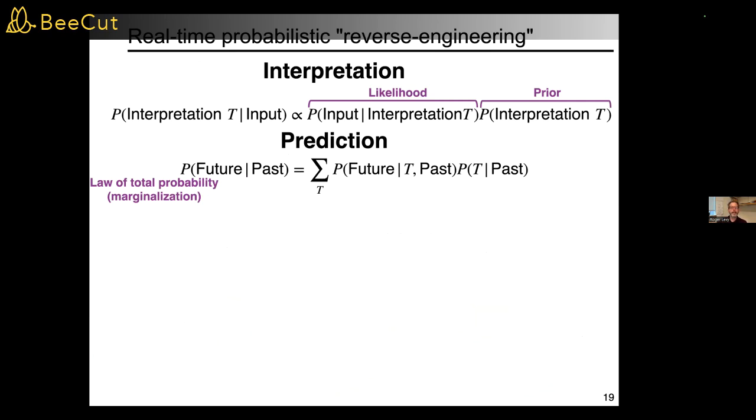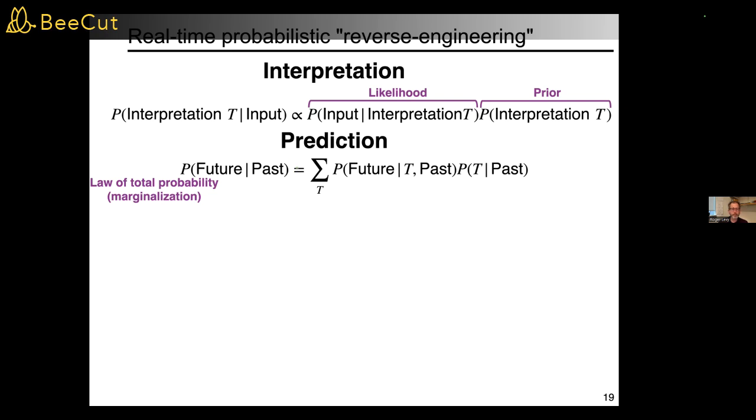One is in interpretation that we should use Bayesian inference, okay? And Bayesian inference says that given a linguistic input, the probability distribution over interpretations is proportional to the prior probability that an interpretation will be something that the language producer, the speaker or the writer intended, reconciled with the likelihood of the input given the possible interpretation.